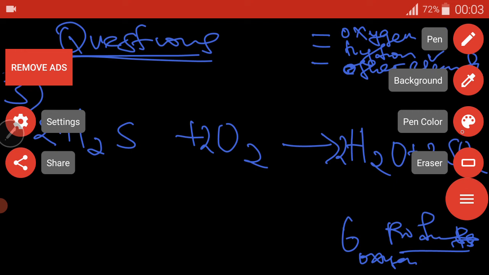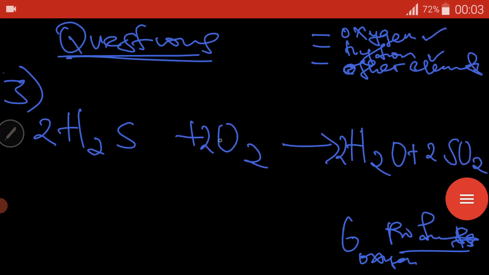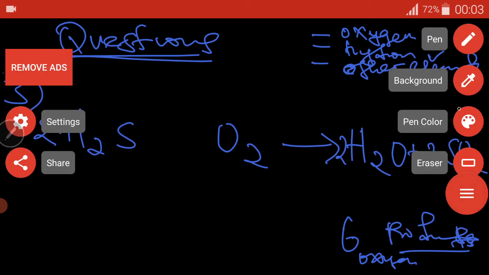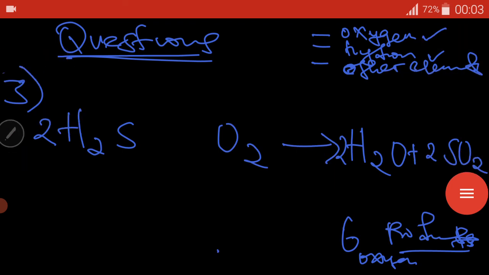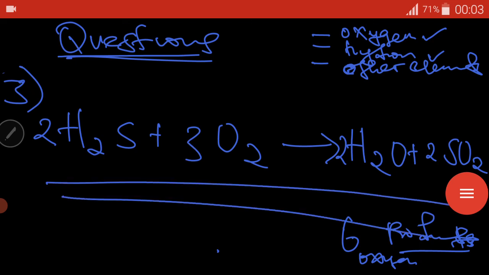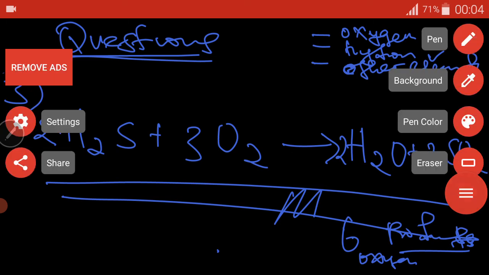So simply eliminate this one and put a 3, so that I've got 6 oxygen and the equation is balanced. You can check. Equation is balanced.